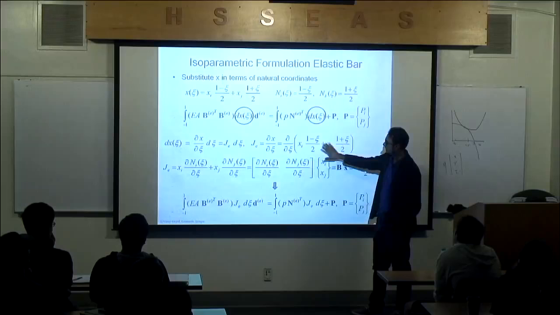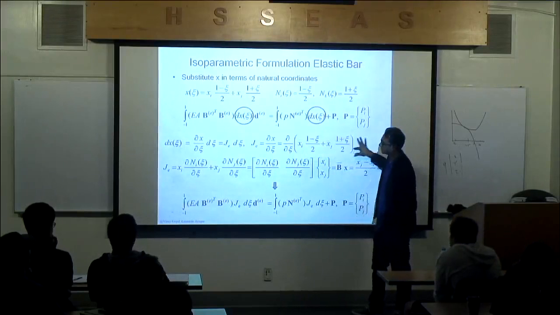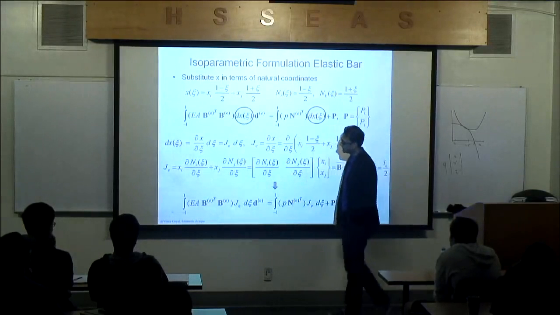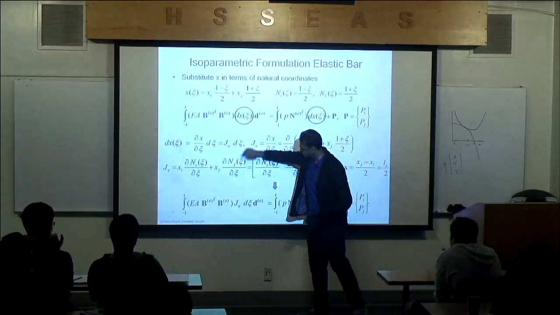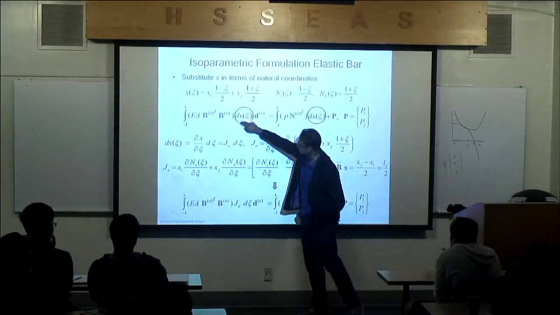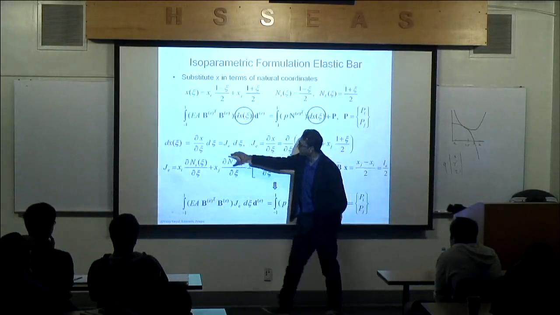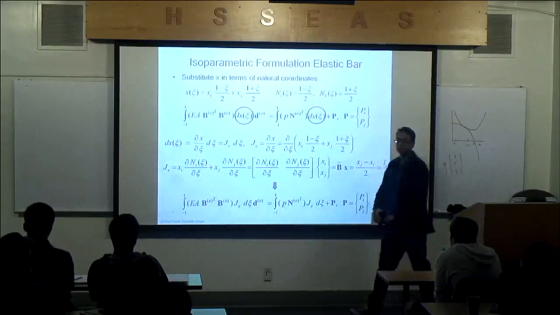Nothing to be worried about. All we've done is take this derivative, and that's what goes in here, this j. That allows me to make this dx into j dc. So all I'm doing is calculating this relationship so I can substitute it into my integral.